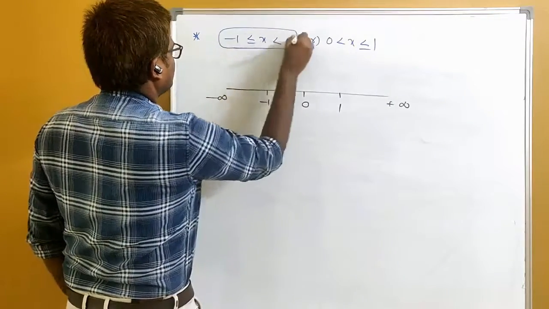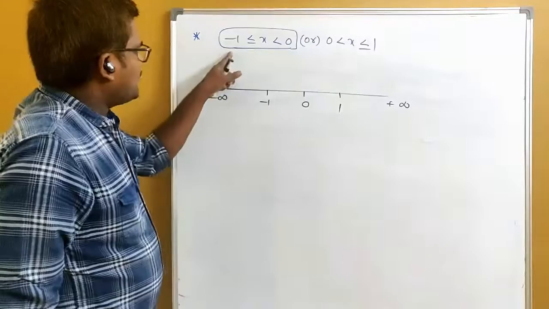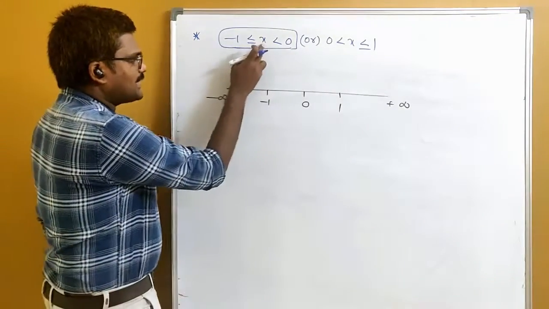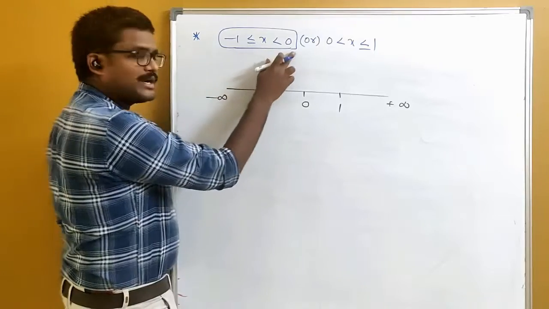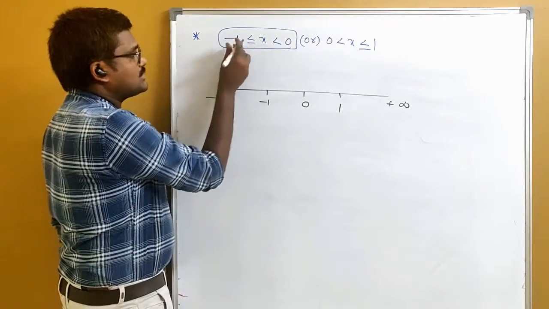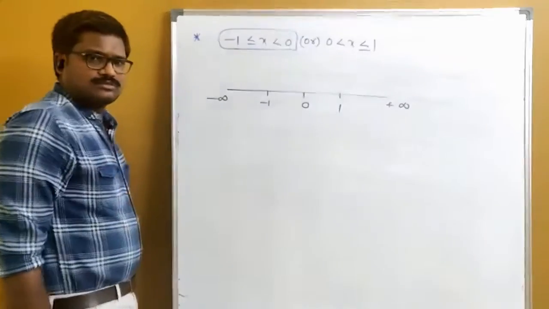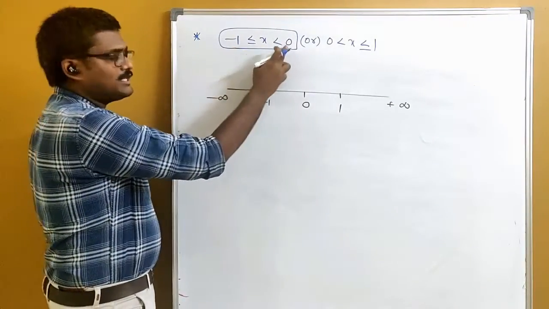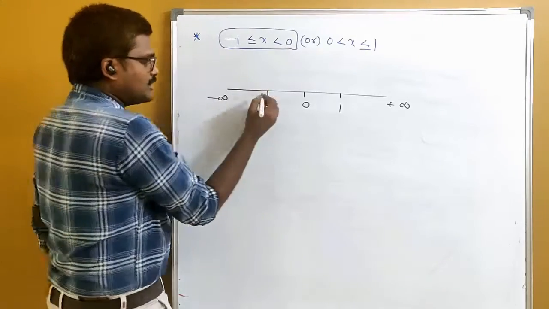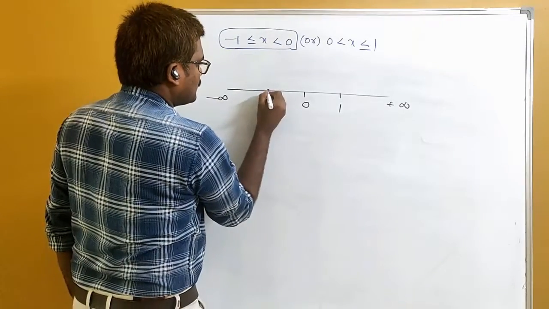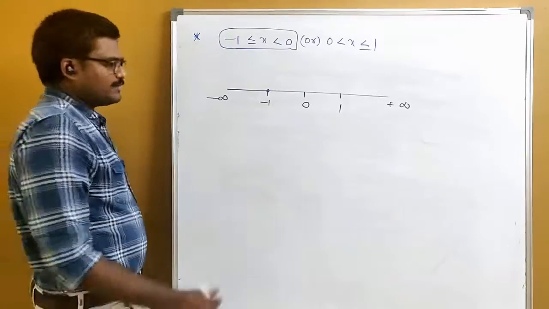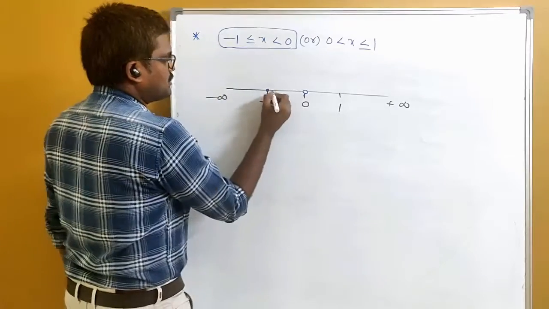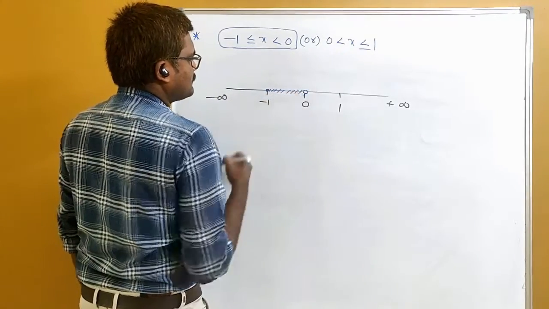Just now I told you in the previous illustrations, minus 1 less than or equal to x less than 0, which means that x takes all the real numbers between minus 1 and 0 and includes minus 1, but it will not include 0, because there is equality at the left end, there is no equality at the right end. So definitely I will put a dot at minus 1 and there will be a bubble at 0. So this is that value, isn't it?